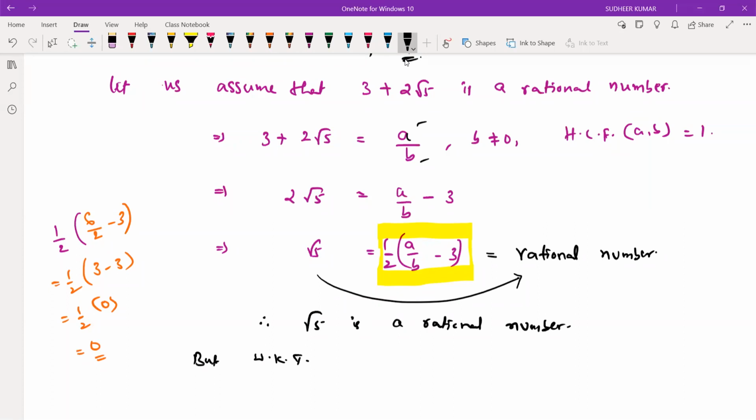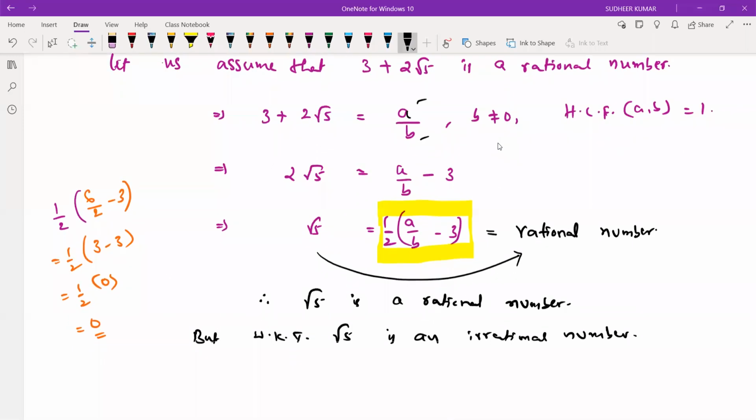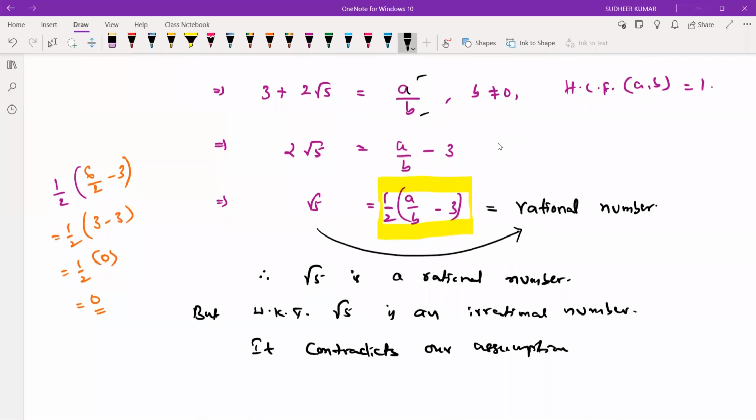We know that root 5 is an irrational number. Therefore, it contradicts our assumption. So our assumption is wrong, so we should accept that root 5 is an irrational.